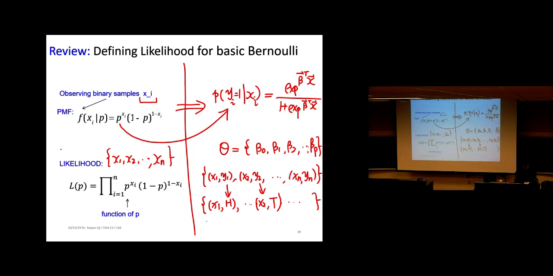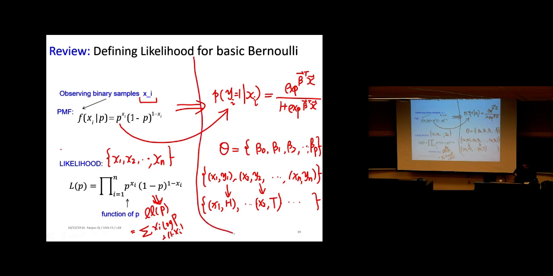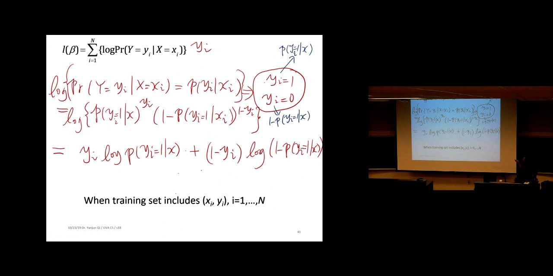It will convert into, if it's a log likelihood of p, it would look like the summation of xi log p plus 1 minus xi log 1 minus p, which is actually this form.